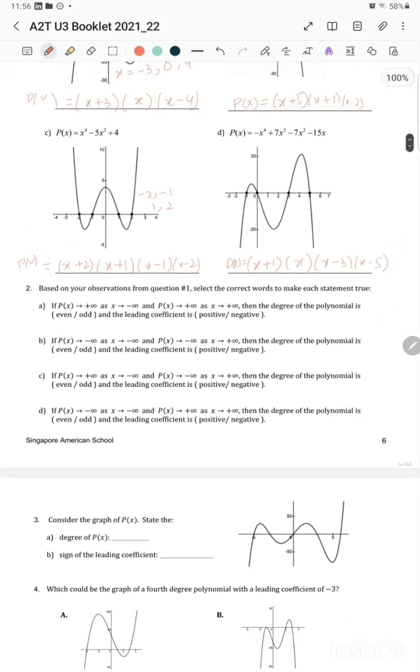Based on your observations from question number 1, select the correct words to make each statement true.